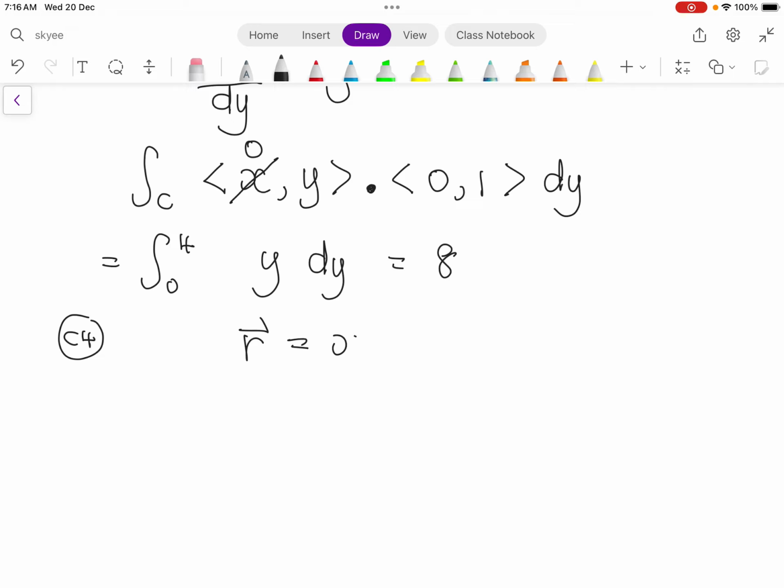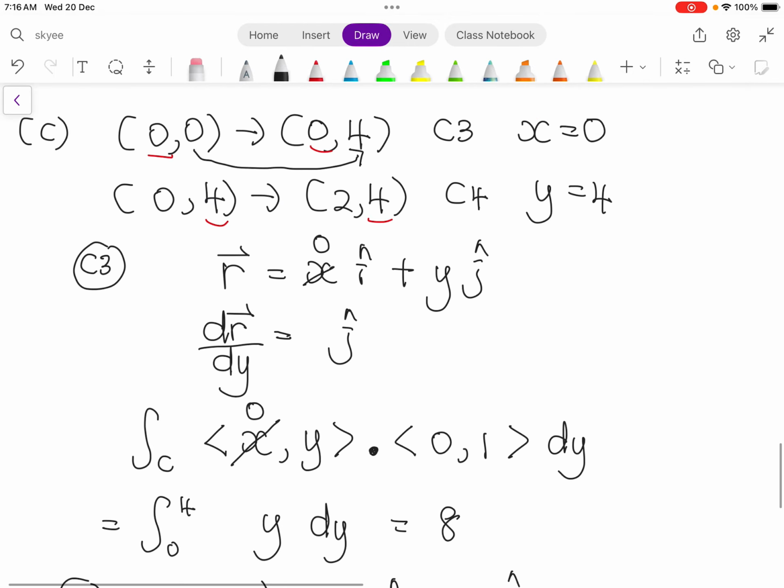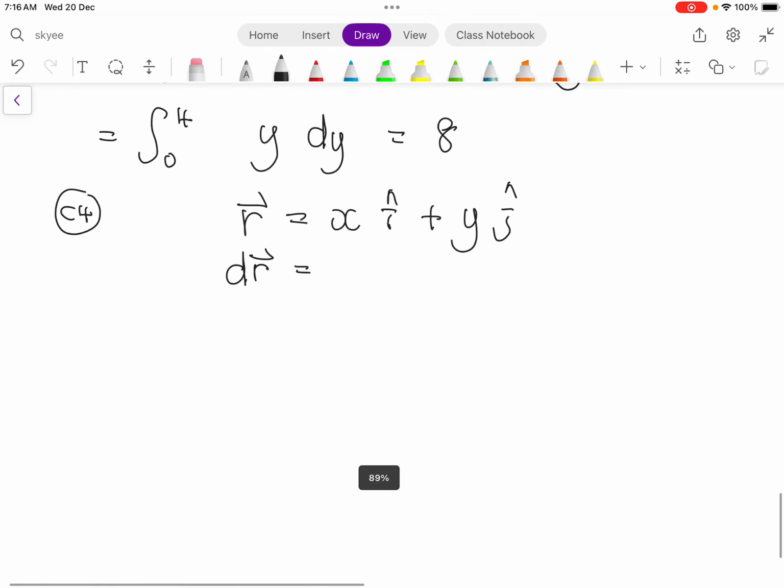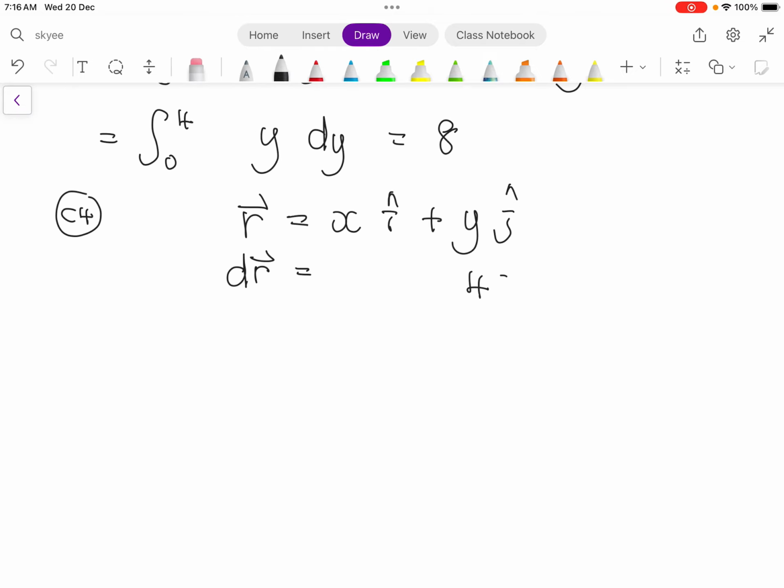R equals x plus y. So the dr would be, let's see what happens. For path C4 here, y equals 4.